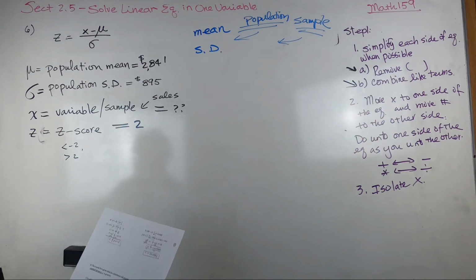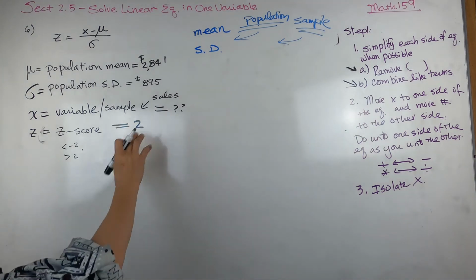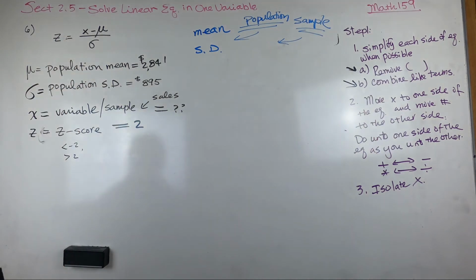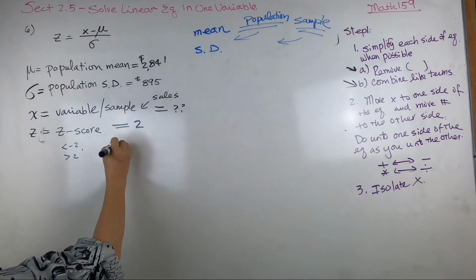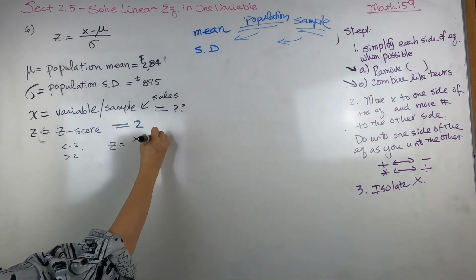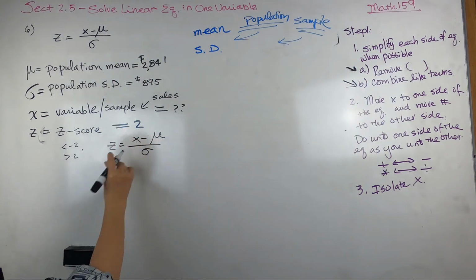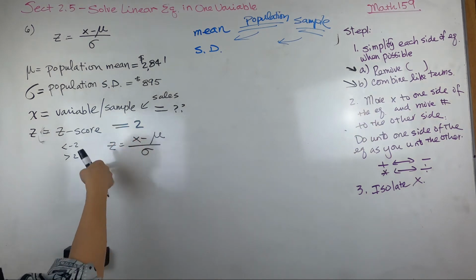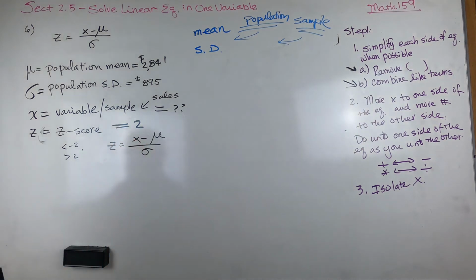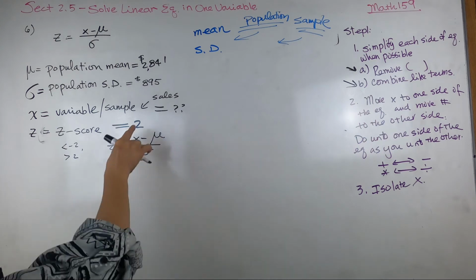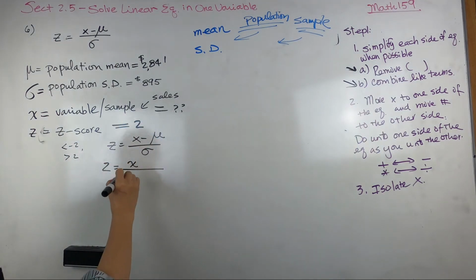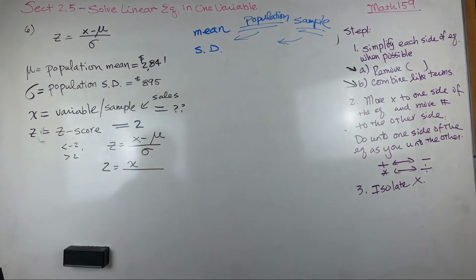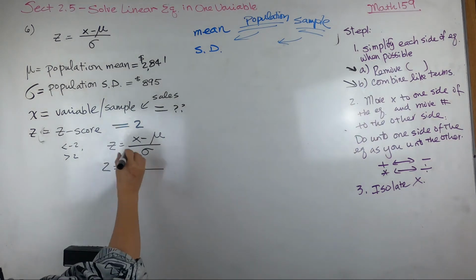How can we find the x? But at least you have a formula. The formula is saying z equals x minus mu over sigma. Now z is what? You just plug in for the algebra part to solve the problem. So z is 2 equals x, which we don't know, the variable we'll try to find, minus mu.